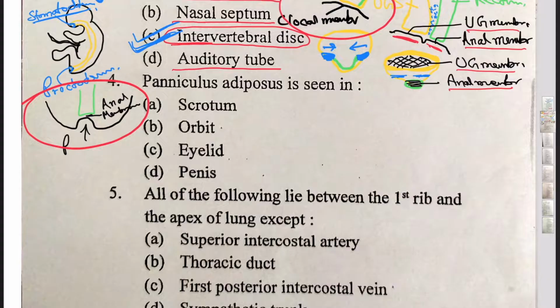This, I should say, is again not a properly framed question, because panniculus adiposus and panniculus carnosus are terms related to the thin sheet of muscle and fat surrounding the body, and this is related to the lower animals.